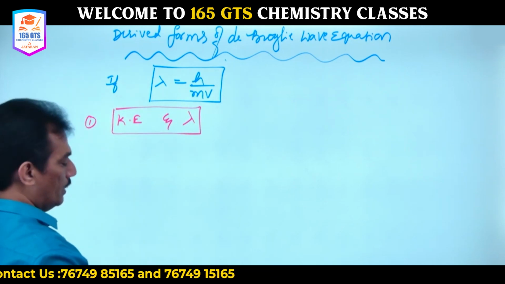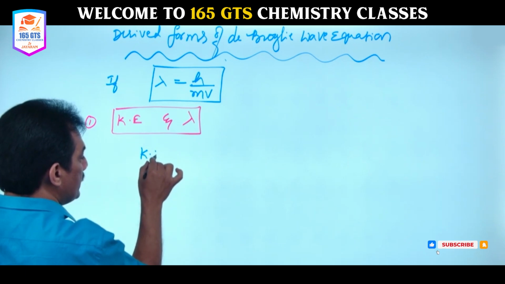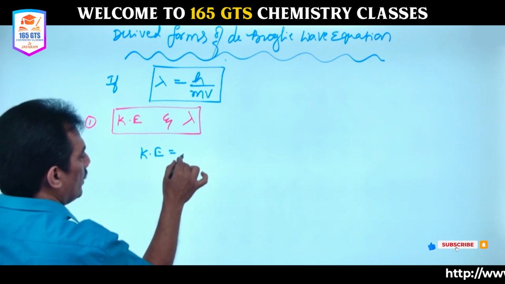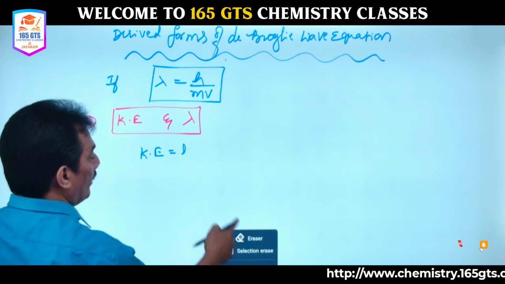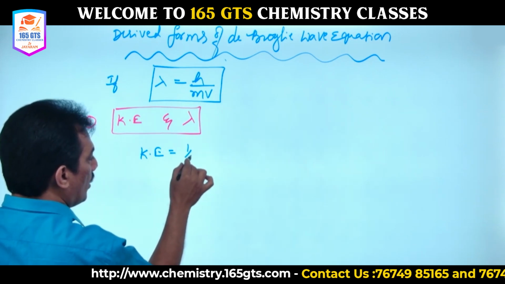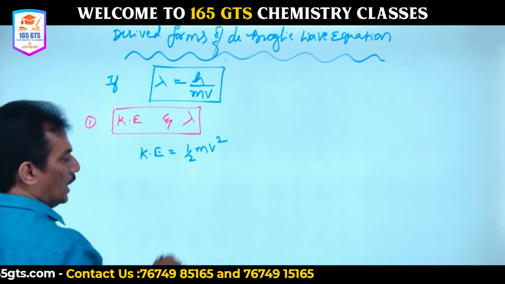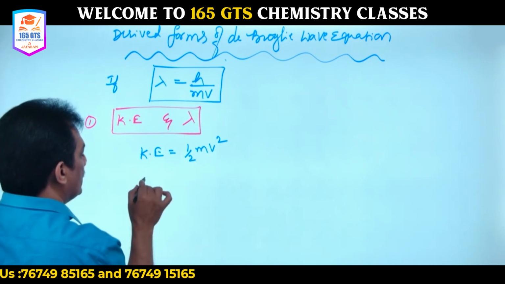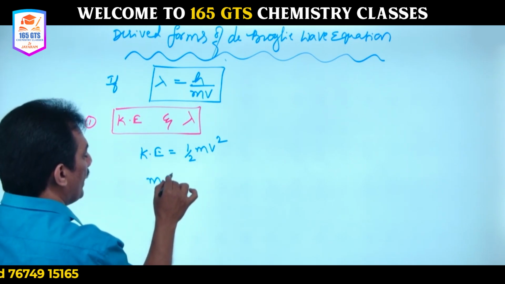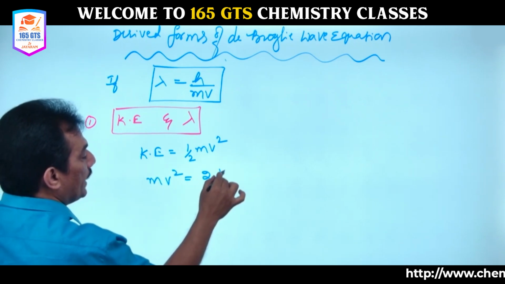First one. As we know, kinetic energy KE is equal to half mv square. And if we consider this mv square, then we can write this as 2KE.